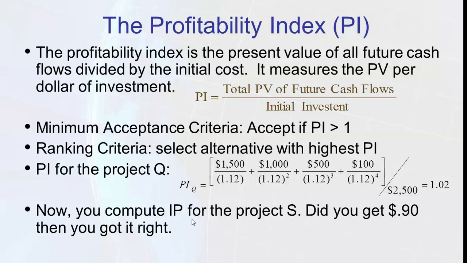Now you compute the PI for project S. If you get 0.9, or 90 cents, that means you're not even getting your cost back. This is less than 1, so you should not choose this project, even based on the profitability index criterion.